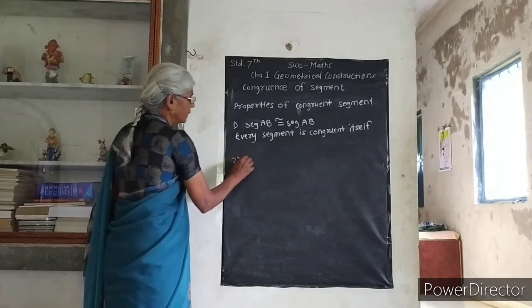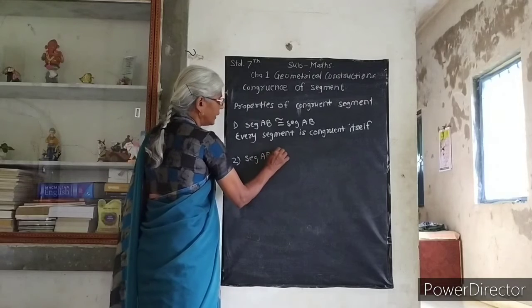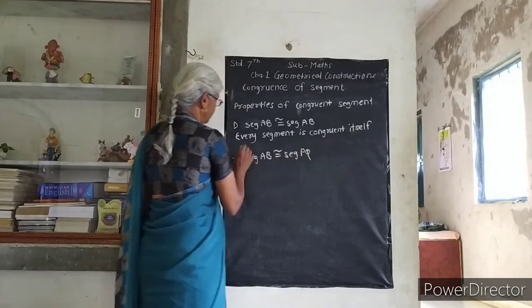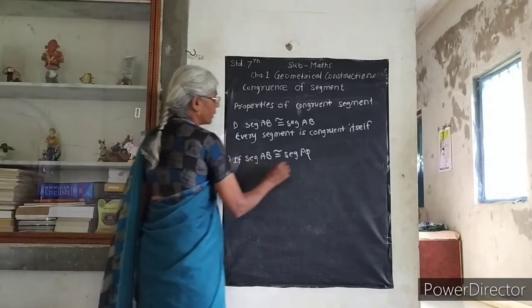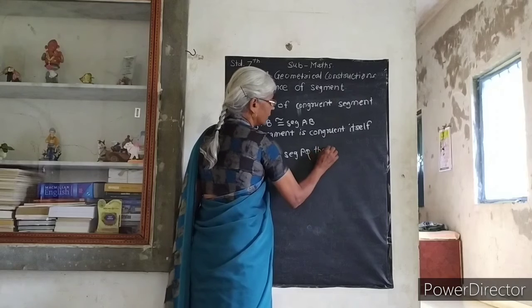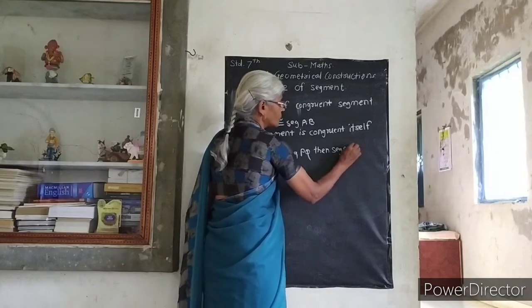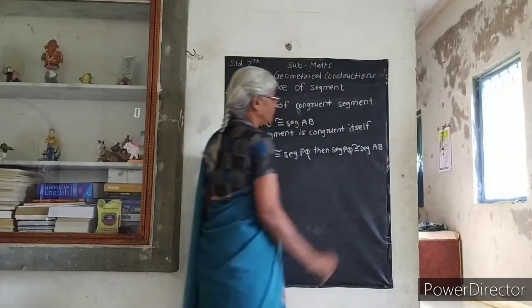Second property: if segment AB is congruent with segment PQ, then segment PQ is also congruent with segment AB.